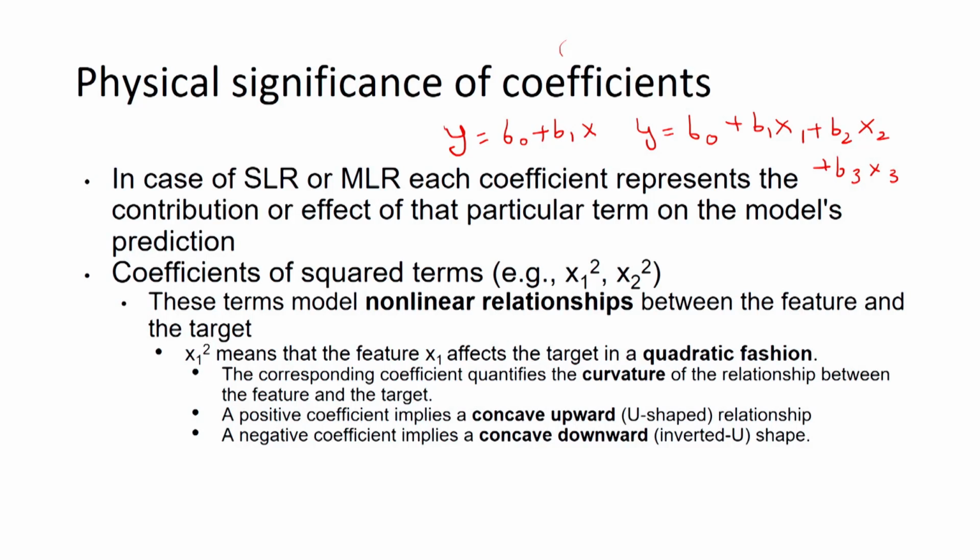So by seeing the coefficients corresponding to these squared terms, you can get an idea of the curve that is showing the relationship between the dependent variable and these features whose squared terms we are seeing here.